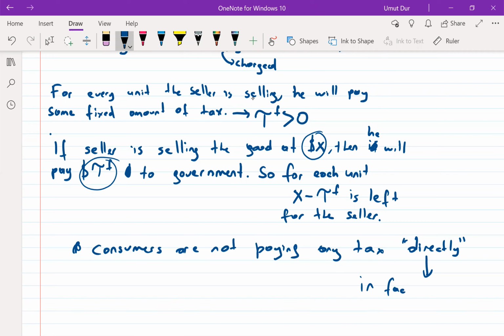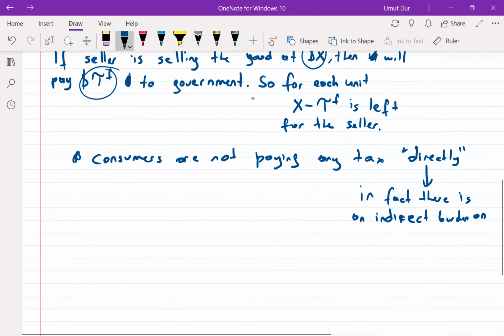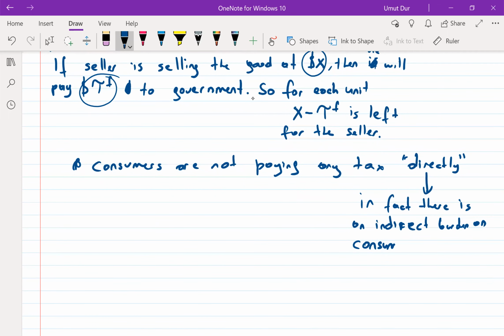In fact there is an indirect burden on consumers, which will be the change in the price as a result of the tax.